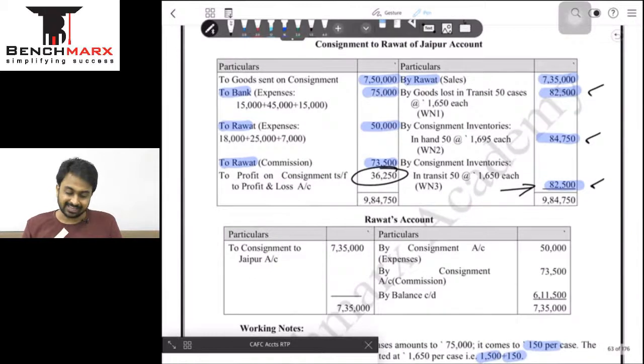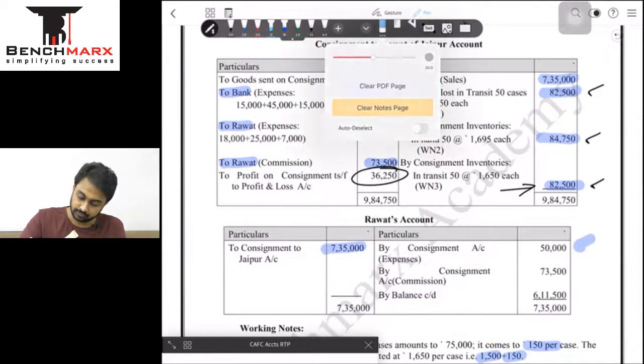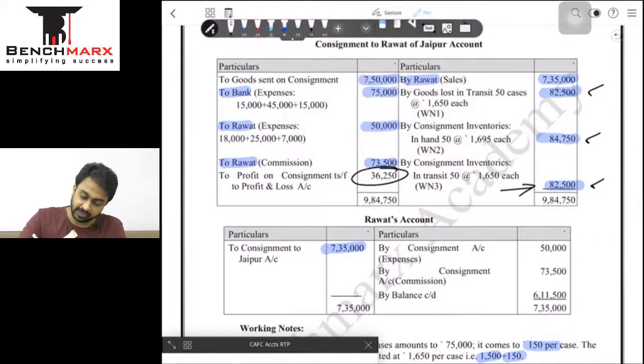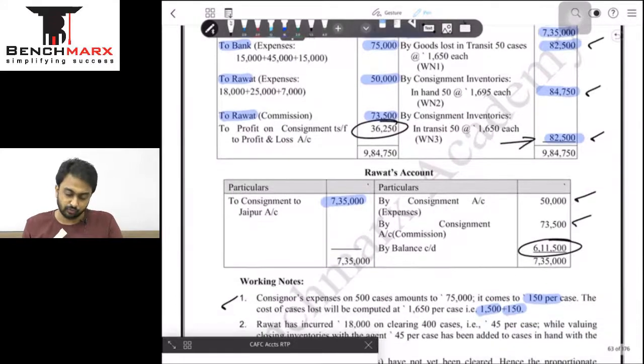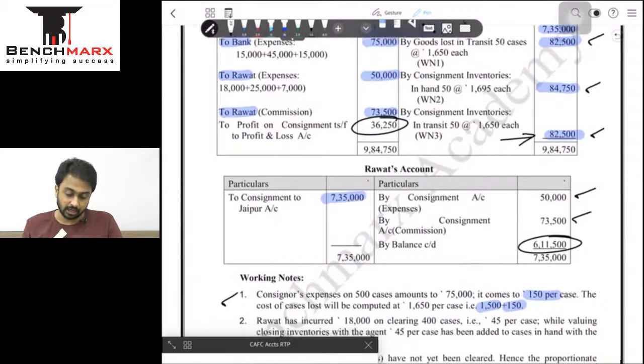When we make the consignee account, as usual, first we debit him for the entire sales, then we credit him for the expenses of consignment, we credit him for the commission which is due, and the balancing figure either he gives us in cash, in which case we write by cash/bank, or we simply carry it forward to the next period as by balance carried down. Okay, and that is how you finish off the consignee account as well.